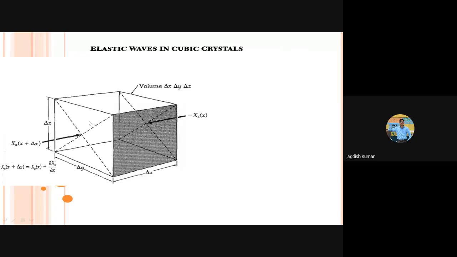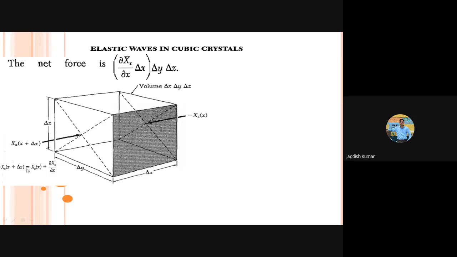And we are saying the volume element is very small, so we don't need to consider the couple effect. So because of this, the net stress will be this one, because X will cancel with this, so we will be left with del X over del x into delta x. That's the part here. This is representing the stress.